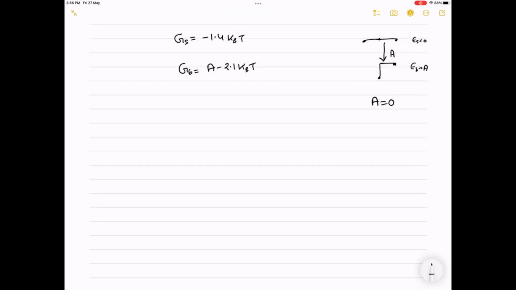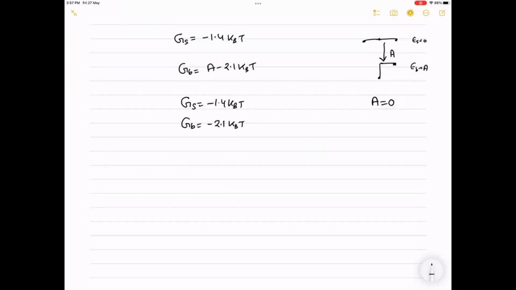In that case, Gs will be minus 1.4 kBT and Gb will be equal to minus 2.1 kBT.